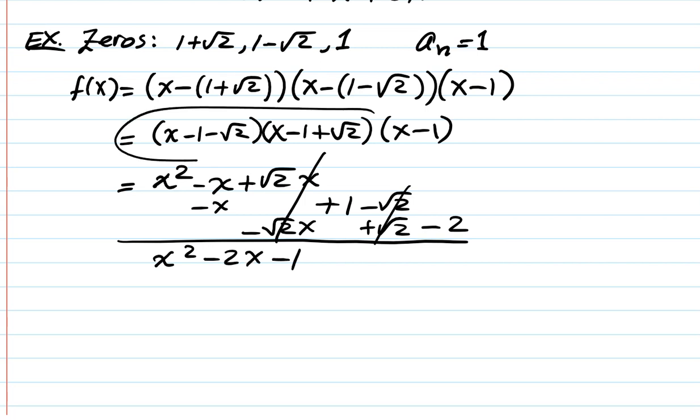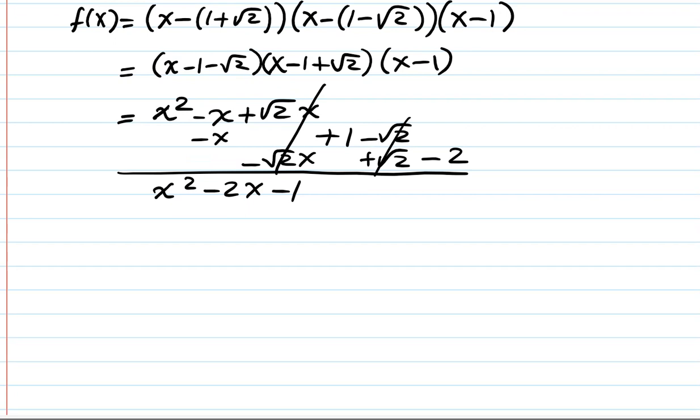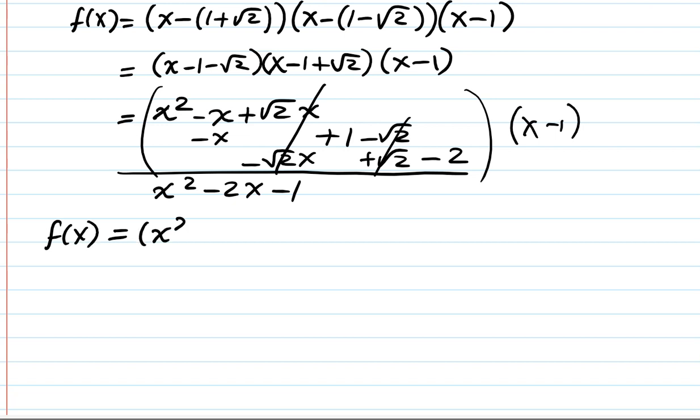That's when you multiply these two expressions. Therefore, f of x is all of that, and remember it's times x minus 1: x squared negative 2x minus 1 times x minus 1.